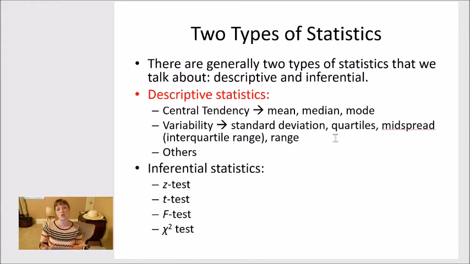These are much more nuanced, much more interesting questions. And in order to answer these questions, we're going to have to first calculate some descriptive statistics, but then we're going to have to go beyond that and calculate what are called inferential statistics, which allow us to make an inference, which is a fancy word for decision, a decision about a research question that involves more than one variable.